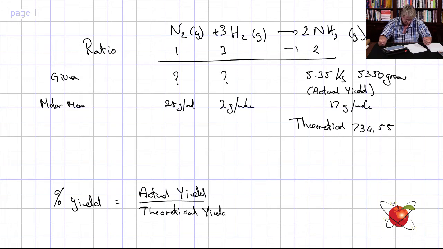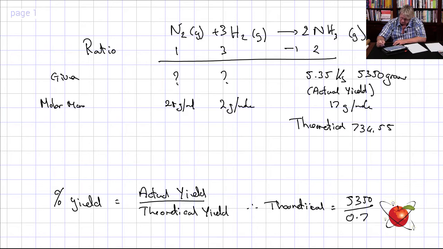Right? Okay. So in this case, because we've been given actual and percentage, then our theoretical yield is going to be equal to the actual yield, 5350 divided by 0.72, which is where we get the 7430.55.